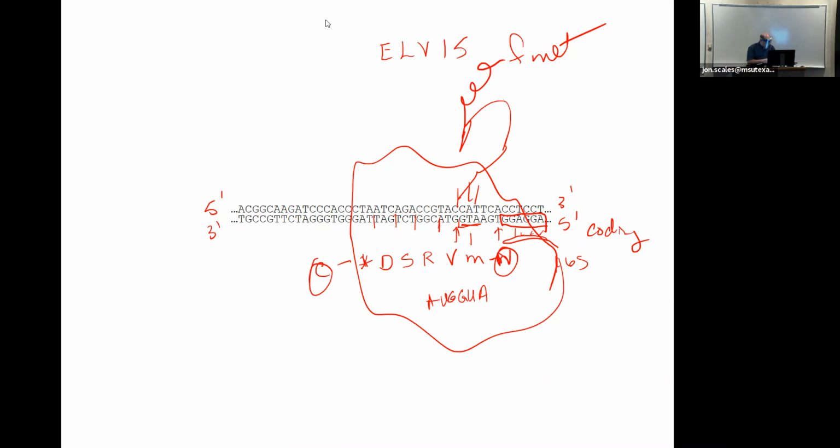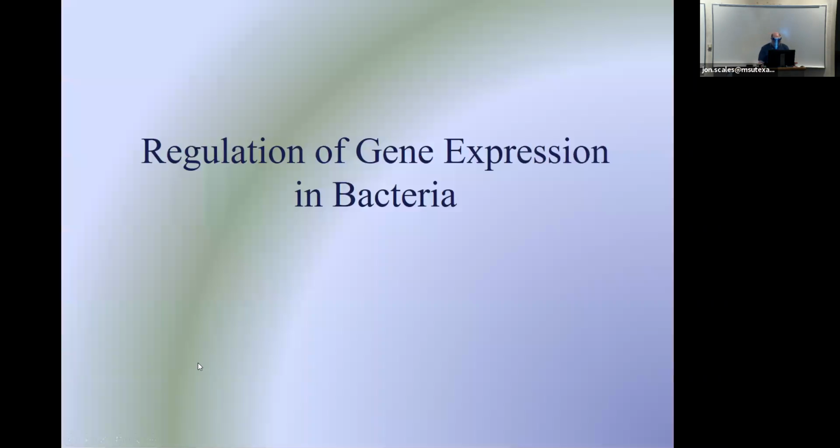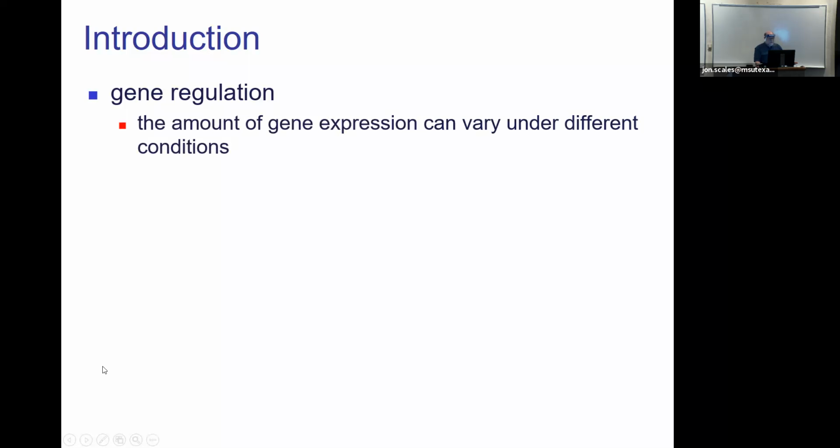so we want to spend the balance of the time here today talking a little bit about gene regulation, not just in bacteria, although we'll start in on bacteria with details, but in general. So first off, we think about gene regulation, and we've talked about the term gene expression, meaning a gene and its information being used, right?